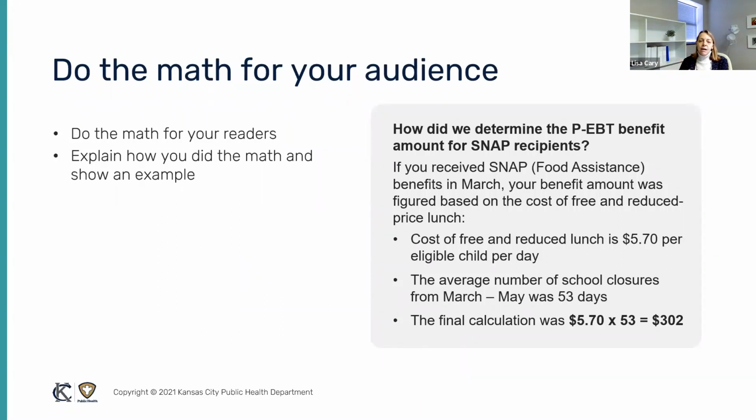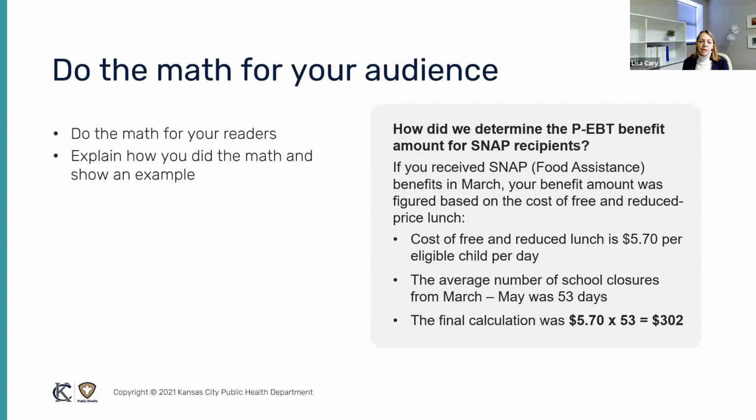When you can't, for instance if you had a chart and they would need to plug in a number that's individual to them, such as their weight, you can help by showing an example and explaining how to do the math so they can do that math on their own. But if it's numbers that apply to all your readers, go ahead and show how you did the math.